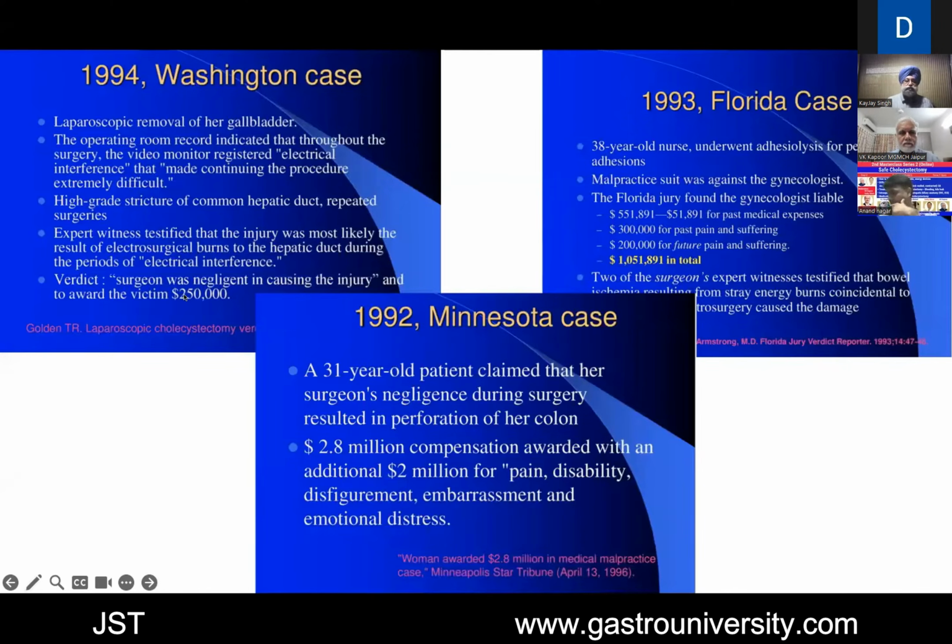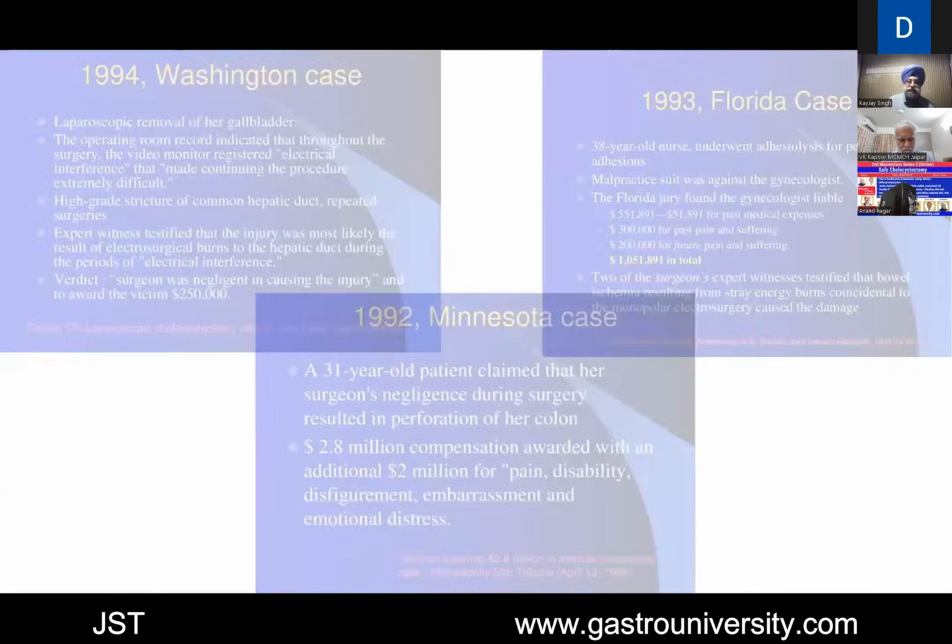This is $250,000. This is $2.8 million. This is $10 million. And all these 3 cases are related to a surgical mishap during laparoscopic surgery. Most commonly, the causes in all these 3 cases were energy device related.